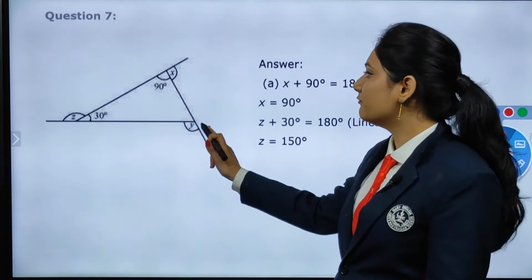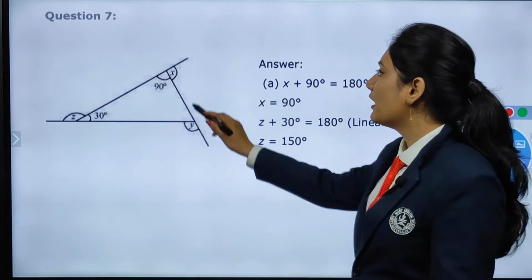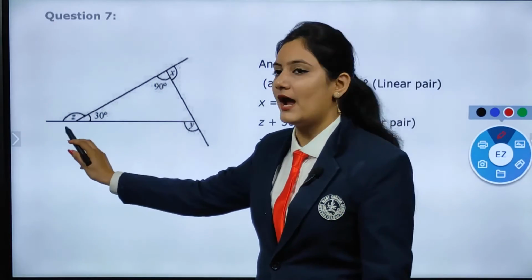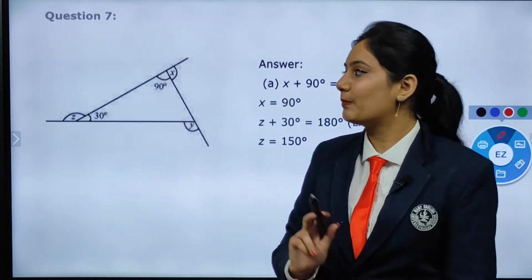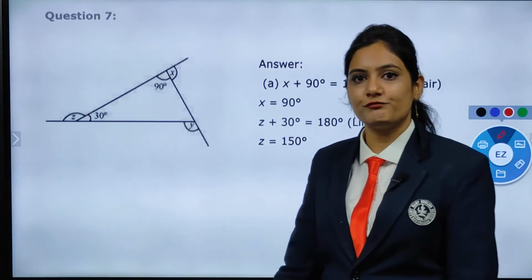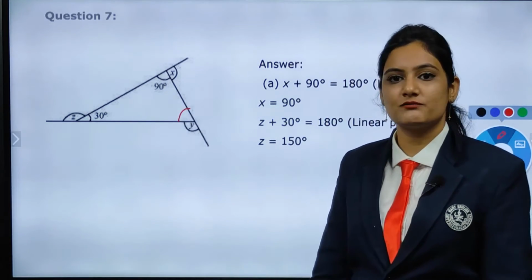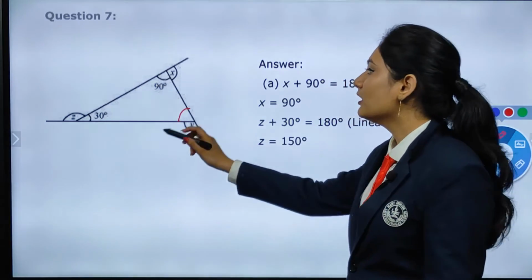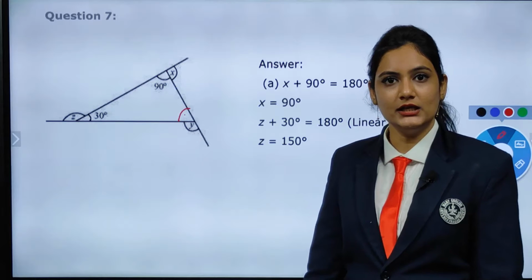Now observe the figure properly. Here you have to find the value of x, y and z. All these angles are exterior angles. So how you can find it out? Two interior angles are given. Can you find the third interior angle? Yes, as the angle sum property says, when you add all the interior angles, it will be equal to 180 degree.